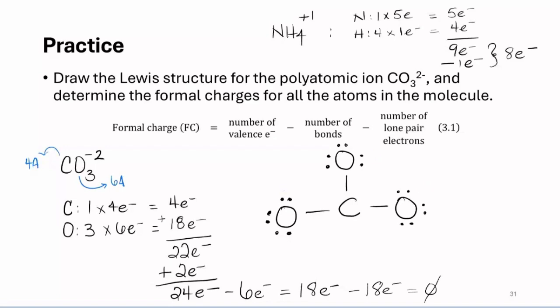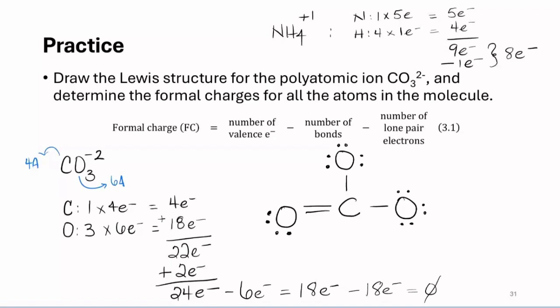Only one of them needs to share electrons with carbon. I'm going to choose the one on the left, but you could have chosen any of the other ones. So what I'm going to do is erase 2 electrons and then share them with carbon. Now, all of the atoms in my molecule have 8 electrons.